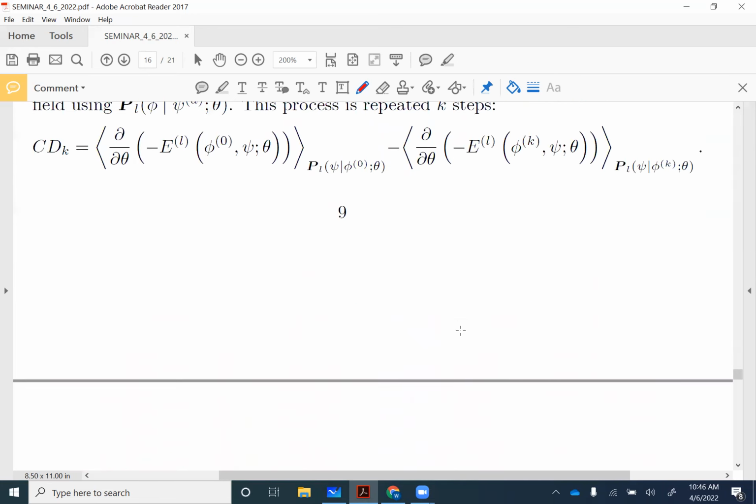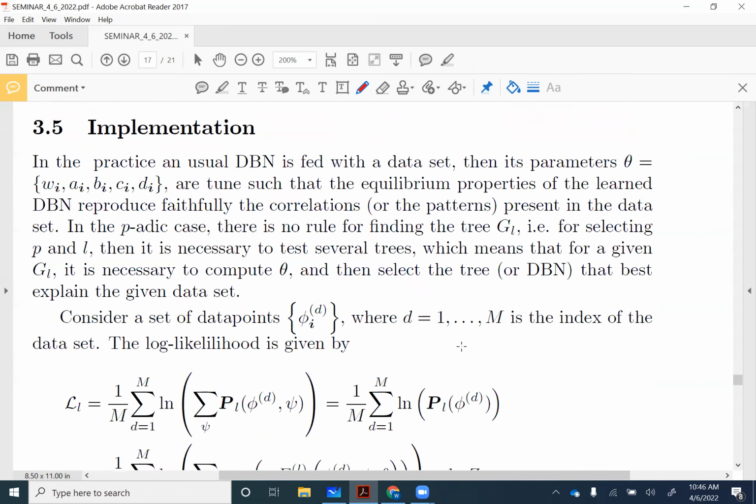Now, in the implementation, we have to use a different log likelihood function. This is the situation. In practice, a deep belief network is fed with a data set. Then its parameters are tuned such that the equilibrium properties of the learned network reproduce faithfully the correlations or patterns present in the data set.